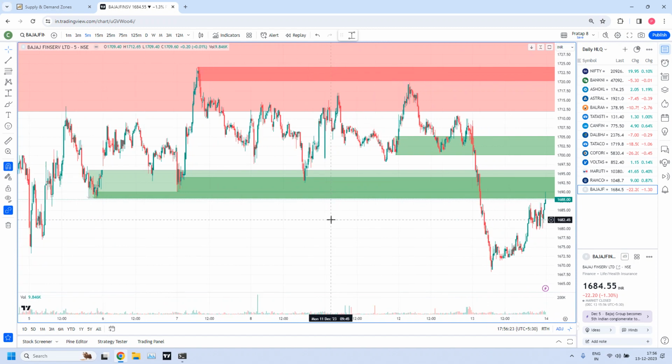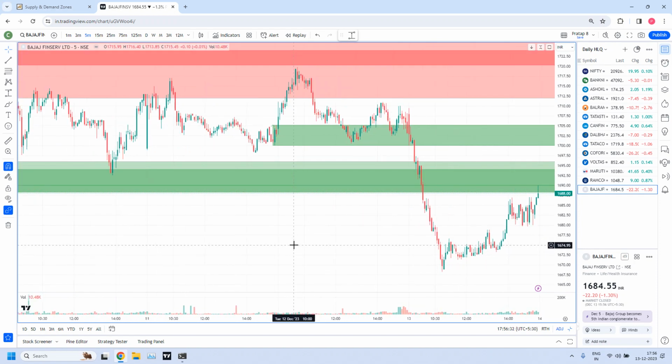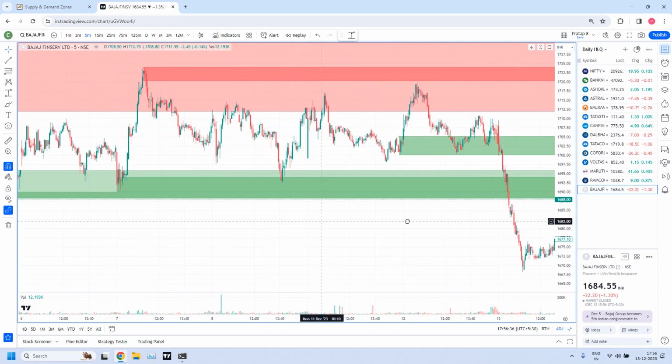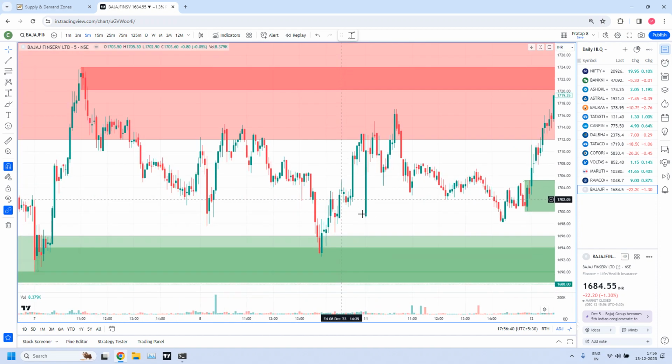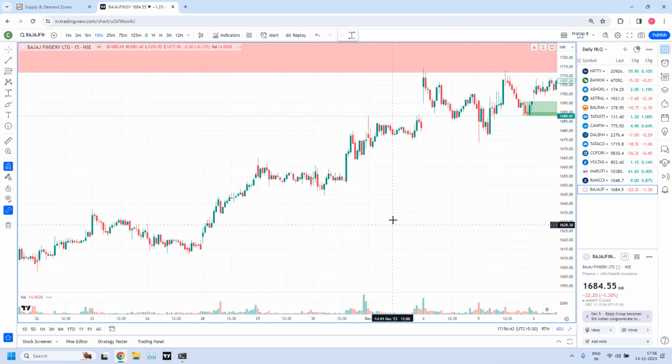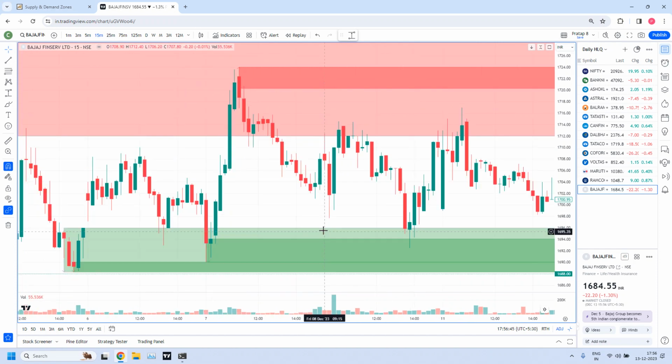This is the one we fine-tuned. See how many zones we have drawn here. 1, 2, this is 3. Okay, this is the target anyway. But from a learning point of view, let us see. And let me go to 15 minutes to bring better clarity.